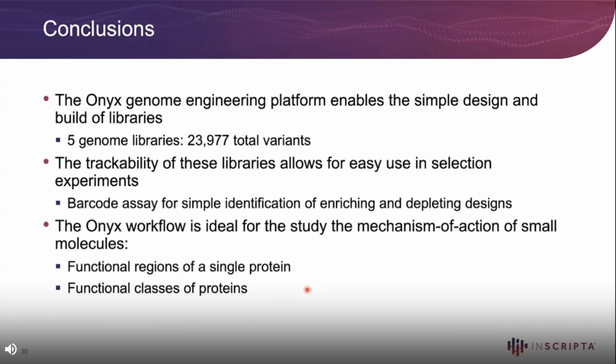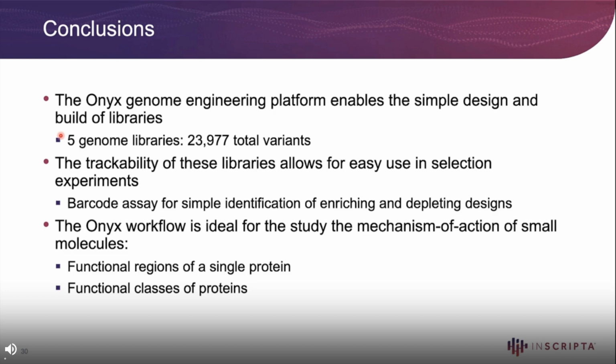And finally, I just want to make a few conclusions about how we use the Onyx genome engineering platform to study the mechanism of action of these small molecules. So the genome engineering platform enables the design and the build of the libraries to be very simple as well as very quick.